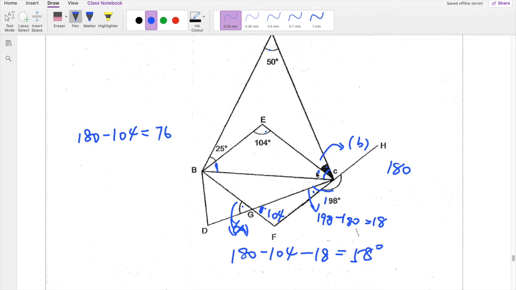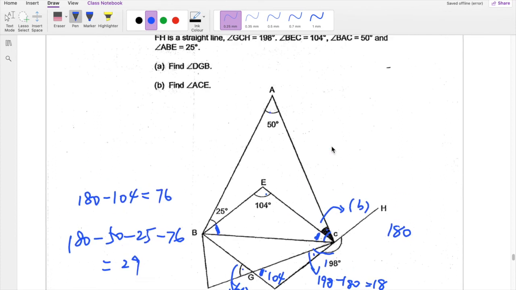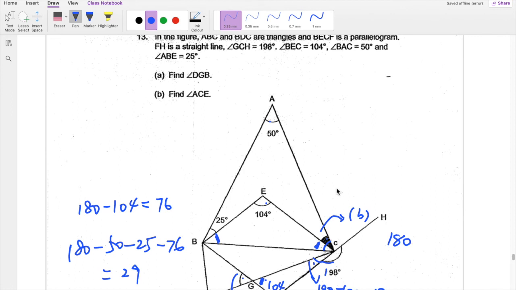So these two add up to 76. And for this big triangle, we know the sum is 180, right? We can use 180 minus 50 minus 25 minus these two angles, and what is left is the angle we want. So this will give the answer, 29. Is there any other way? Yes.